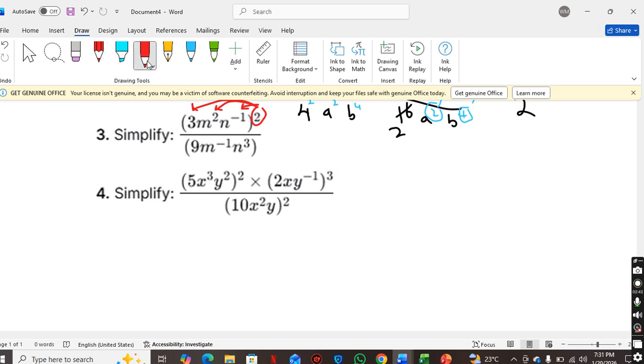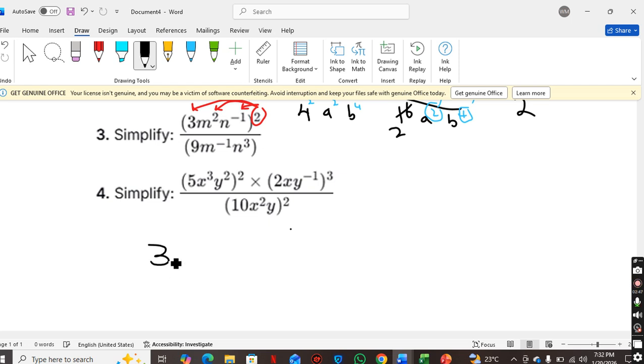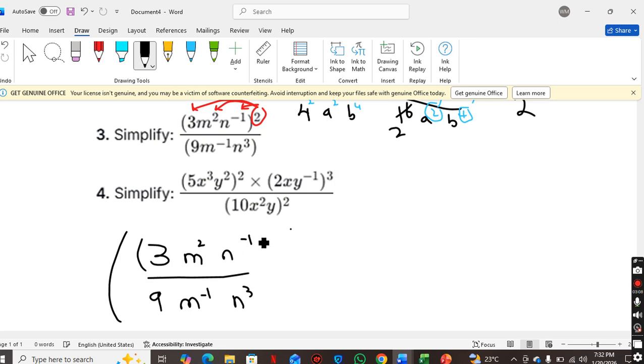So let me write it down here. 3m squared n to the power negative 1 over 9 m to the power negative 1 n to the power 3. This is to the power 2, this is to the power 1. So we distribute.